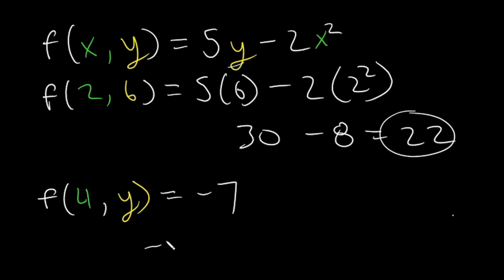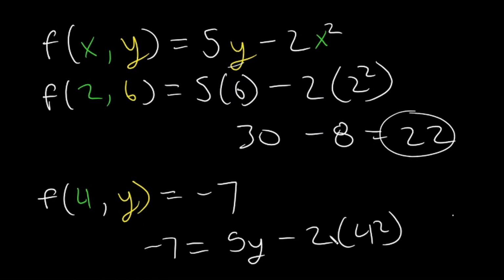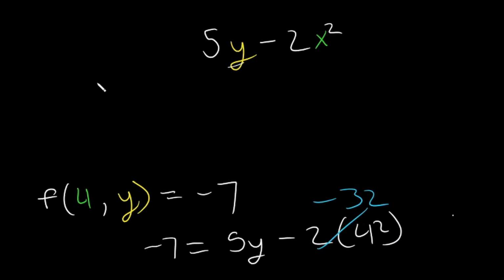So we have negative 7 is equal to 5y minus 2 times 4 squared. So this would be equal to 16 times negative 2, that'd be negative 32. So, running out of space here. So we would have 5y minus 32 is equal to negative 7.